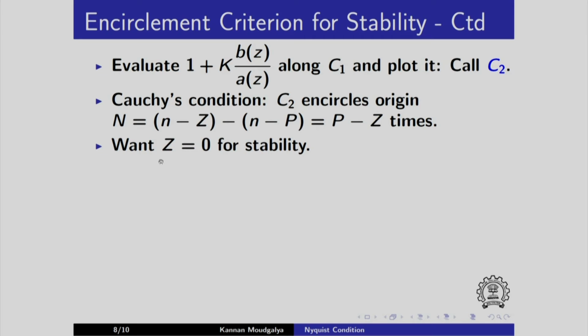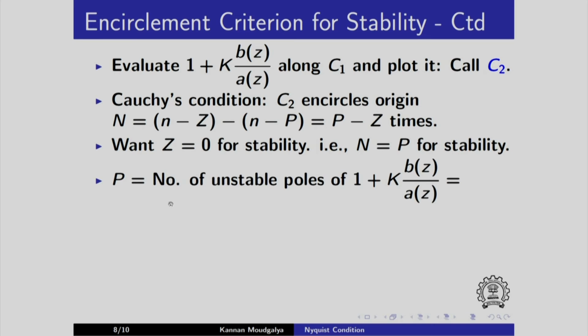And recall that we wanted z equals 0 for stability, that is n equals p, because if I substitute z equals 0, I get n equals p for stability. And what is p?